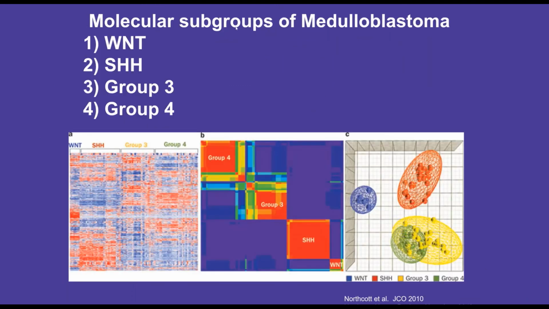However, these large molecular profiling studies that looked at gene expression and methylation profiles showed that there were clearly 4 different biologic types of medulloblastoma: those that were driven by the Wnt pathway, the sonic hedgehog pathway, and then group 3 and group 4 that were clearly distinguished from these 2 pathways. And you can see this clustering of these tumor types based on their molecular profiles.